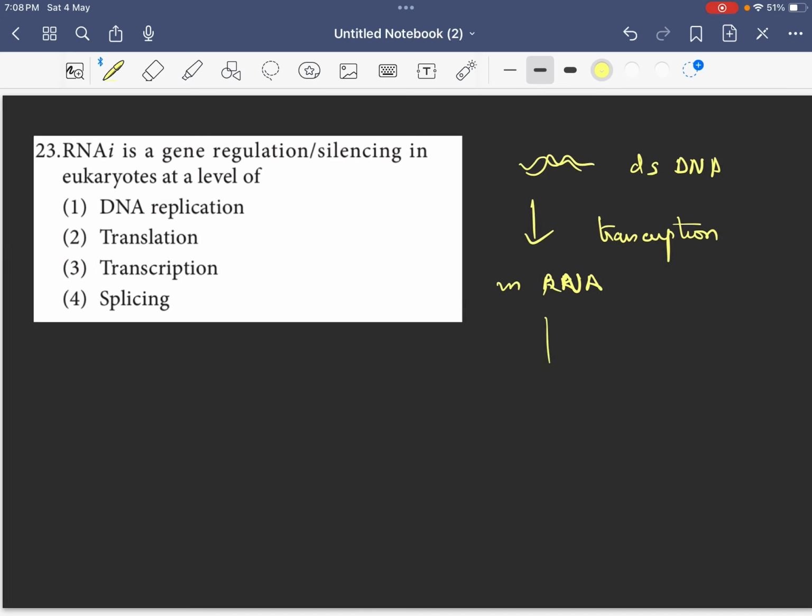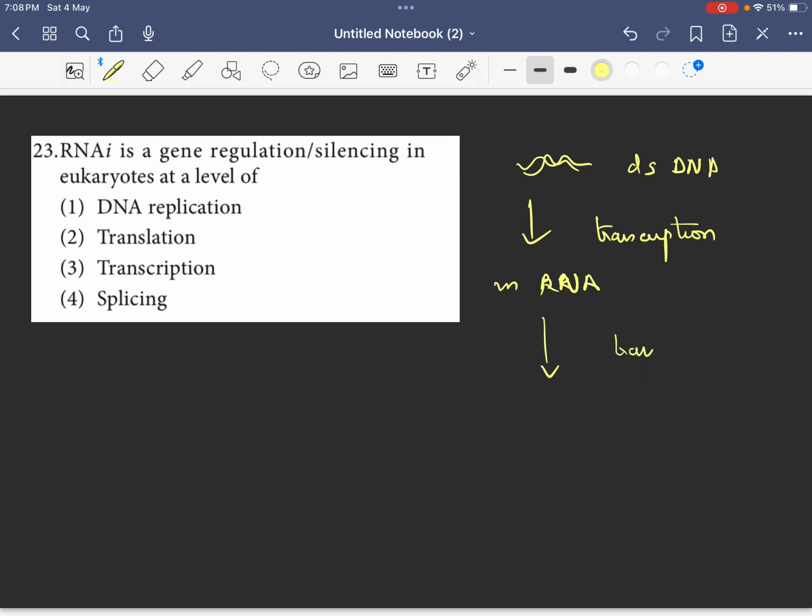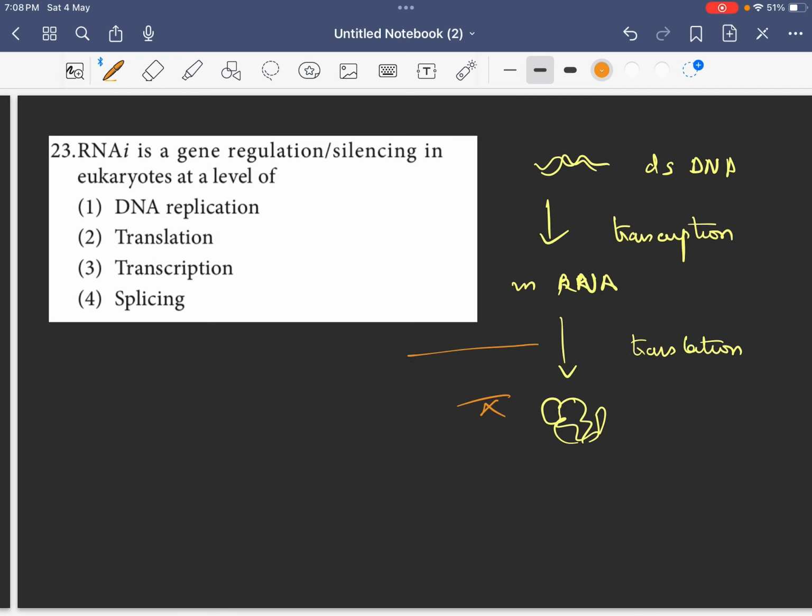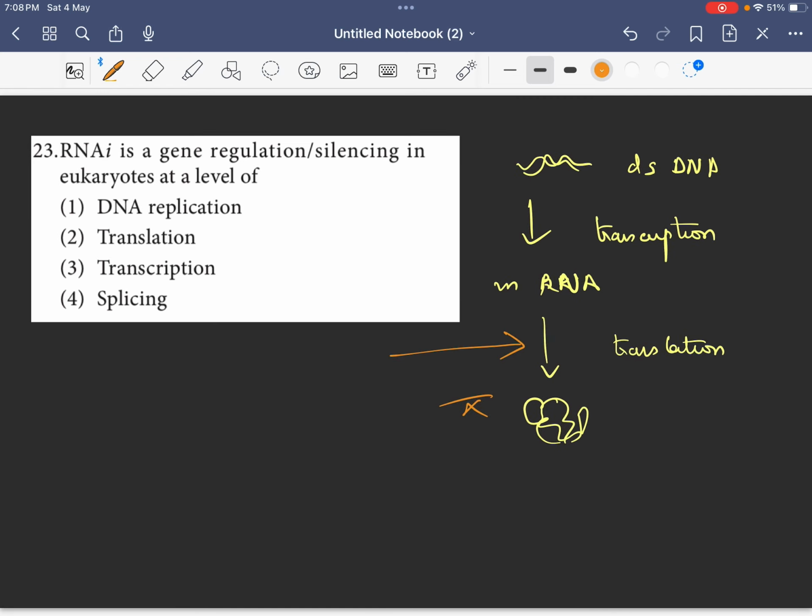This intermediate molecule undergoes translation in the normal process to form a functional protein. But here we don't need this functional protein to be produced, so some regulation is made at the process moving from transcription to translation. Specifically, RNA interference mainly plays a role at the post-transcriptional level, right?